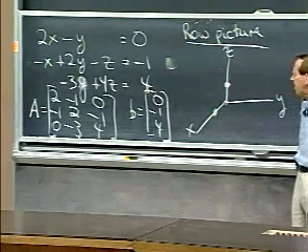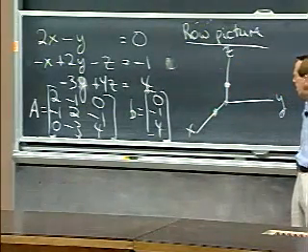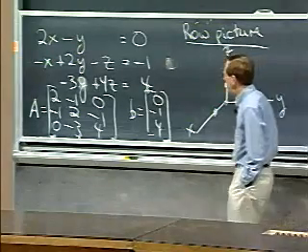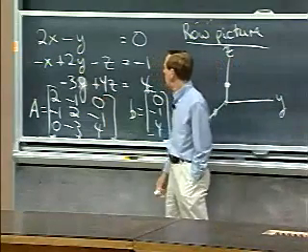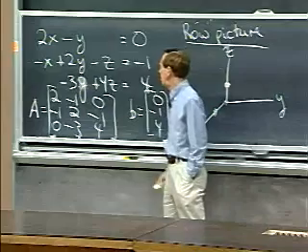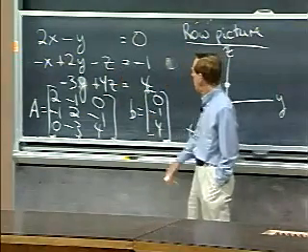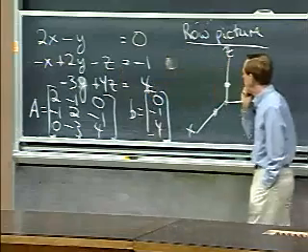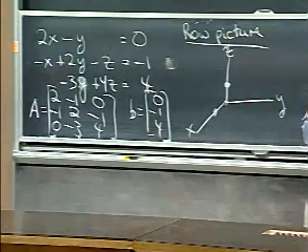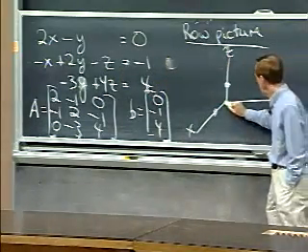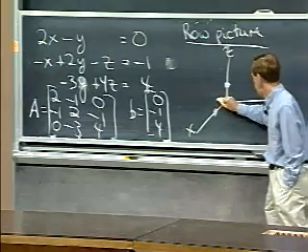And probably I want a third point here. Let's say x to be 0, z to be 0, then y would be minus a half, right? So there's a third point. Somewhere, okay.